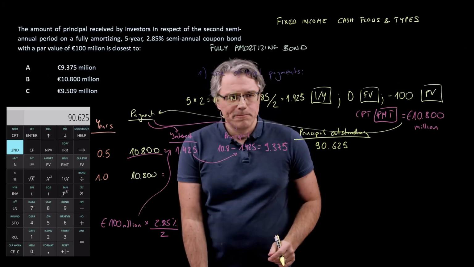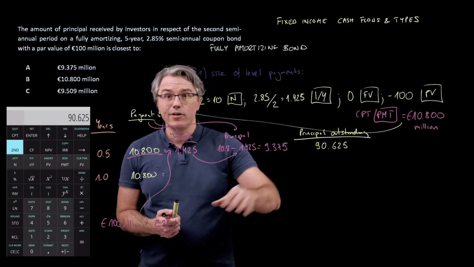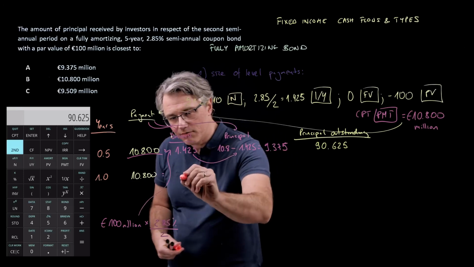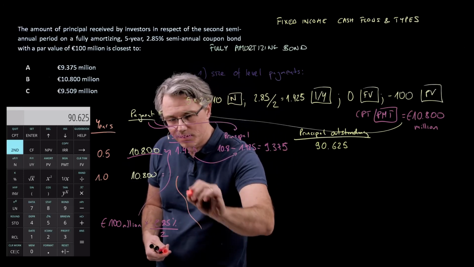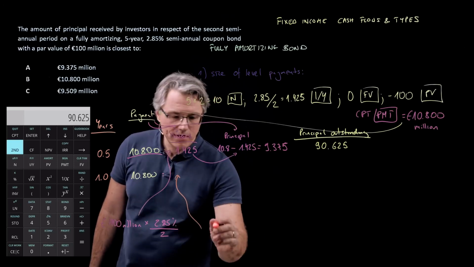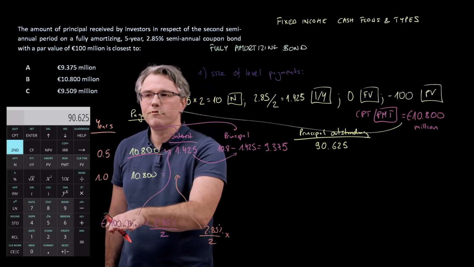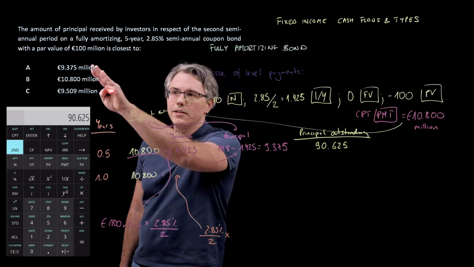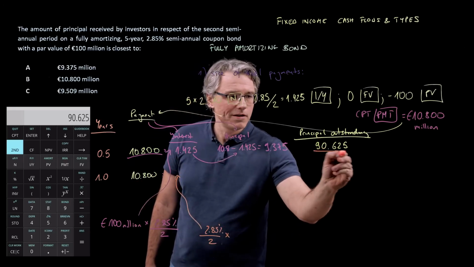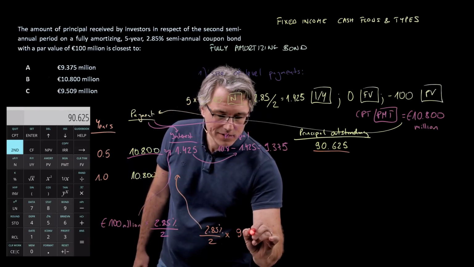Good. And we can now use this knowledge to solve the second row, because over here, we can compute the amount of interest that gets paid. Interest is not repaid, it just gets paid. So I'm going to take the same interest rate, 2.85% divided by 2, but this time, instead of multiplying by 100 million, the initial amount of principal in the bond, in respect of the second period I'm going to use the amount of principal outstanding as at the end of the first period, 90.625.